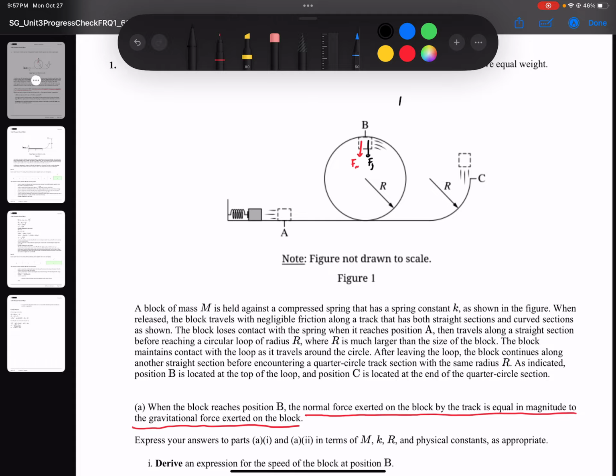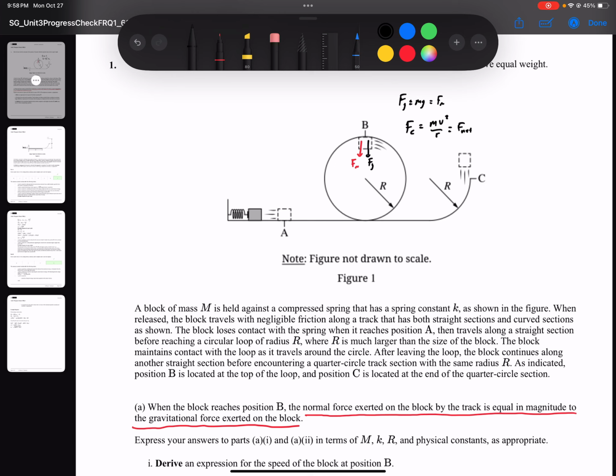We know that the weight of an object is equal to mg, and we're setting it equal to the normal force. These two forces combined are going to provide the centripetal force. The centripetal force acting on an object is equal to mv squared over r. Basically, it's the net force that's acting on the object, that describes how the object is accelerating.